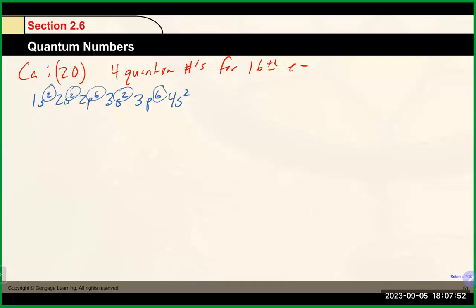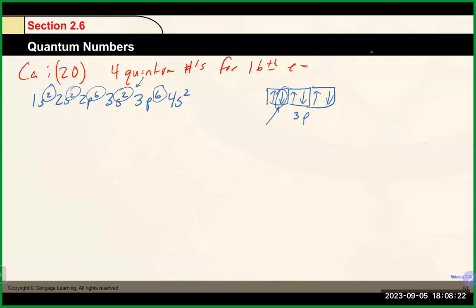So if you want to just draw the diagram there, or the orbital diagram for our 3p, we have 6, which means coming into there, that is 10, 12. That would be 13, right? That would be 14. That would be 15. And that would be 16. That would be 17. That would be 18. So the 16th electron is actually that one right there.